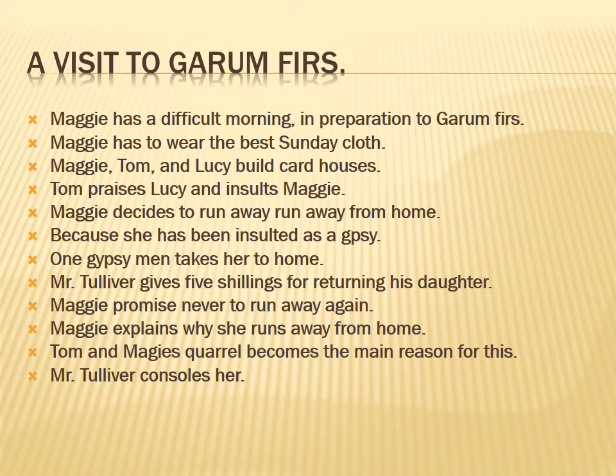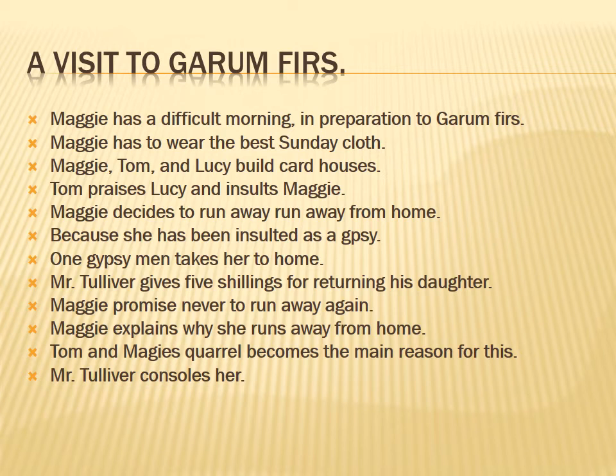Now I am in the last chapter of Book 5, A Visit to Garum. Garum is an estate that belongs to Mr. and Mrs. Pullet. One day Maggie and her mother visit this estate with Lucy and Tom.